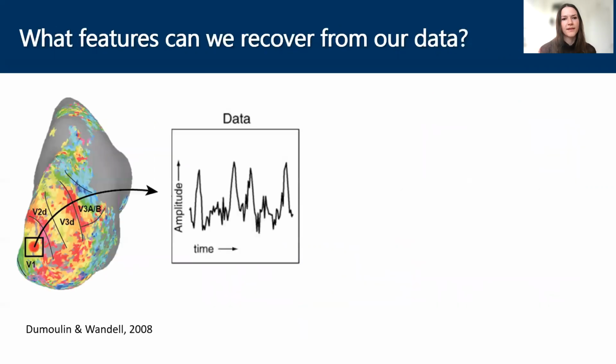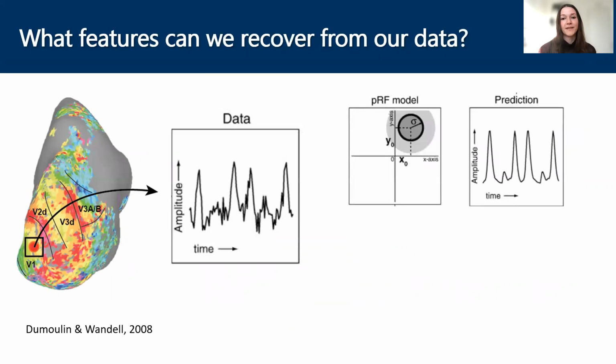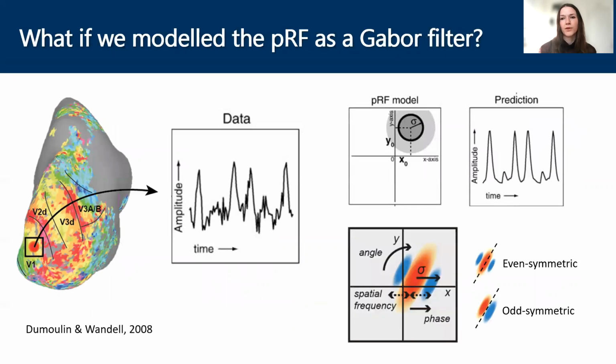Now, if we look at the signal that we obtain when we present participants with visual stimulation, we can describe our data with many different models and many approaches. In the pRF model, for each voxel, we obtain the position and the size of this pRF when we obtain our predicted time series. Now, imagine the pRF model would be a Gabor filter function.